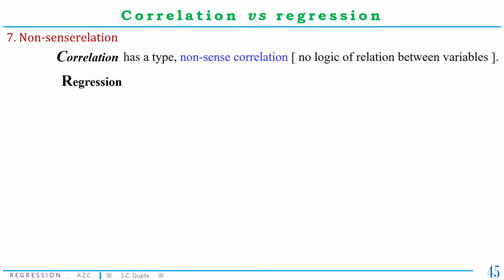Correlation has a type, nonsense correlation, that is, no logic of relation between variables, while regression has no such thing as nonsense regression.